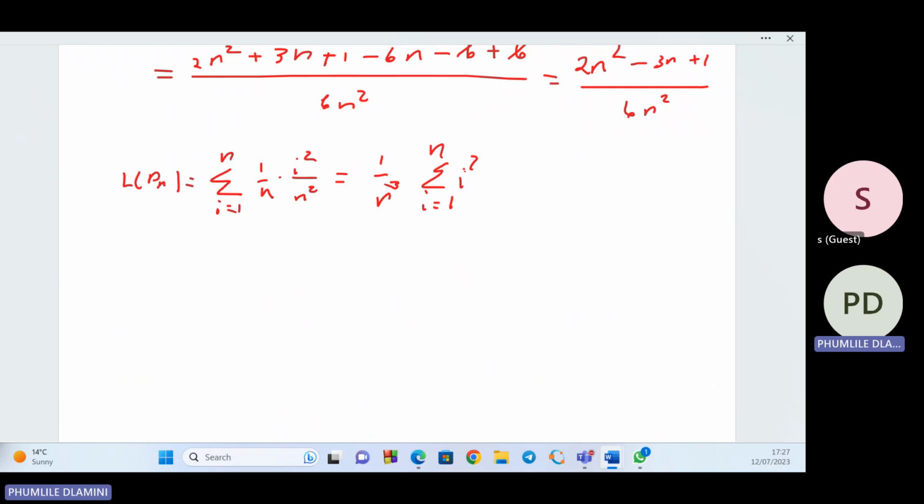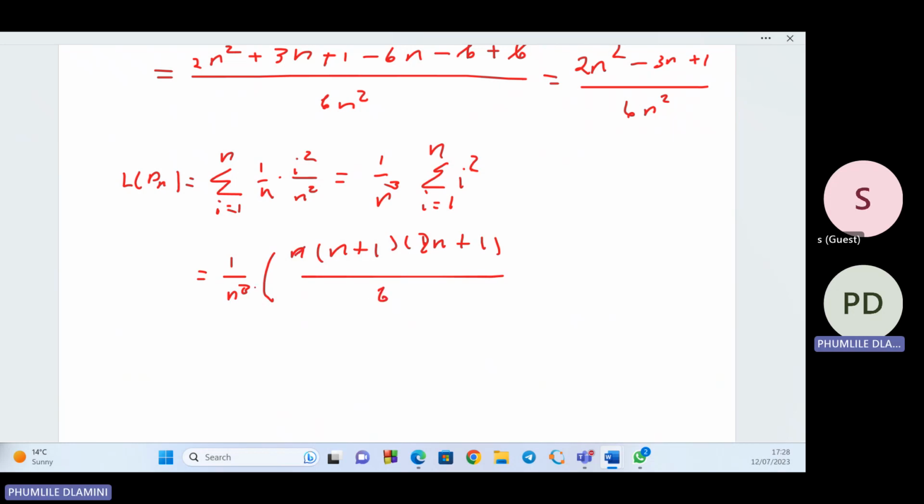So when we have this one here, we already know that this sum is n (n plus 1)(2n plus 1) over 6. Then you can just say it is equal to 1 over n cubed times n (n plus 1)(2n plus 1) over 6. We already proved that.